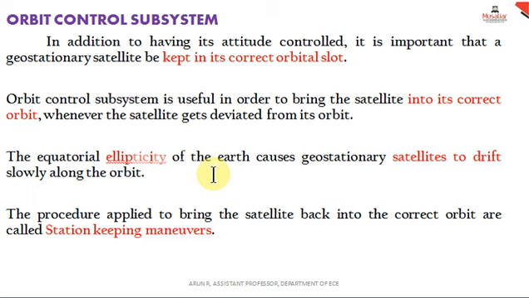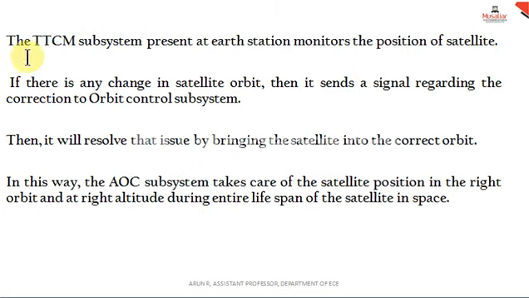And TTC&M, which we have already learned is the tracking, telemetry and command subsystem present in the earth station, monitors the position of the satellite, and if there is any change in the satellite orbit, it sends a signal regarding the correction to the orbit control system, and automatically it will resolve that issue and bring the satellite into its correct orbit.